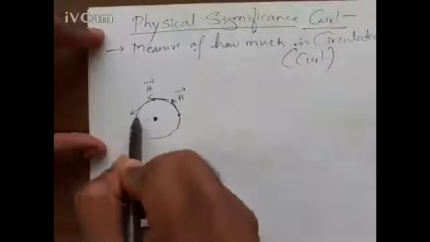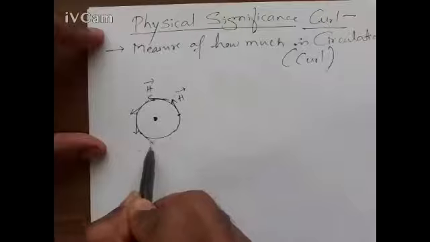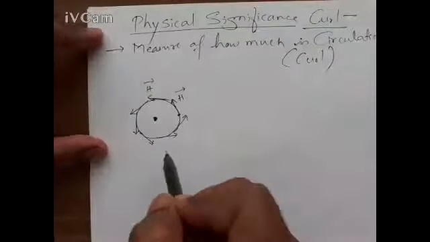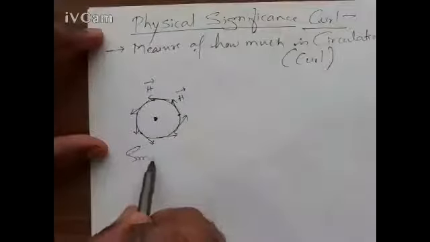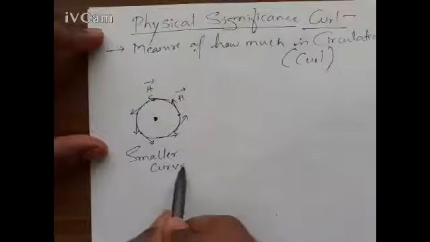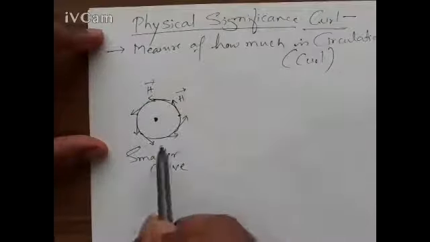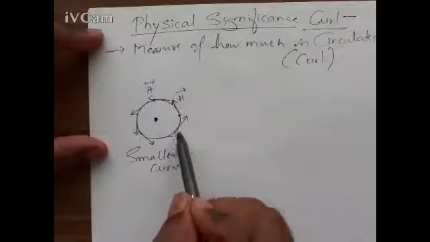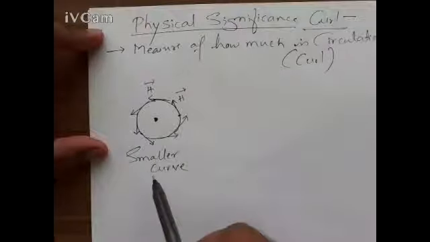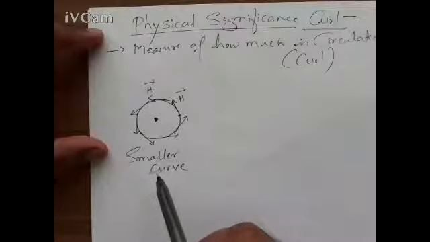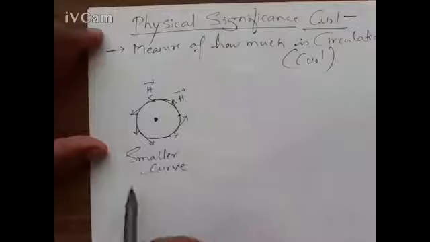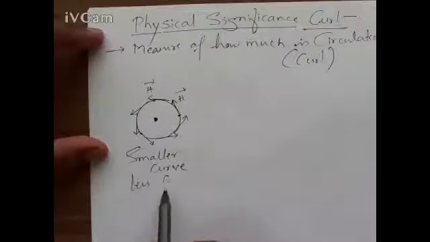If the length of these vectors is smaller, then the field is less. That means it is a smaller curve, it is curling less, it is less curl.